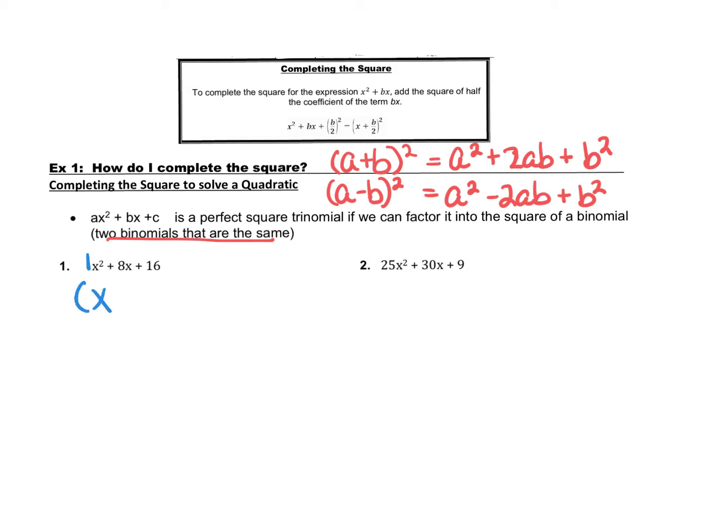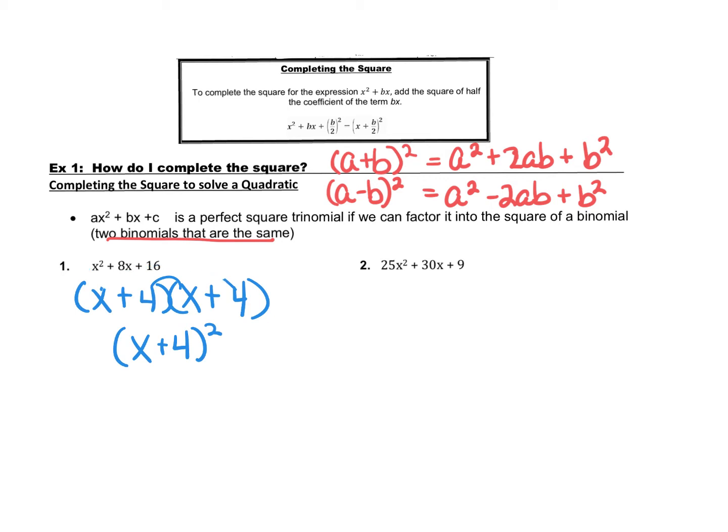Because if I took this x, and I have this x, and I have a 4 and a 4, now we know that this is going to be x plus 4 squared. Remember, if I were to take these to get our middle terms, I'd have 4x plus 4x, and that is equal to 8x. That's what makes that work for the perfect square binomial.